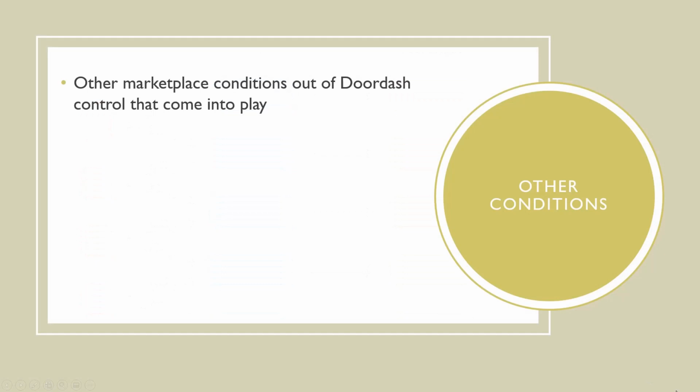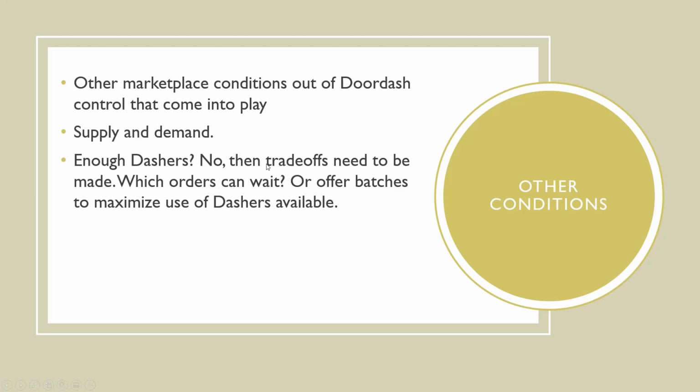So other marketplace conditions out of Doordash's control may come into play when they're trying to dispatch the orders, right? Supply and demand. They need enough dashers in order to fill the demand of restaurant orders, right? If they don't have enough dashers, then trade-offs need to be made. Which orders can wait?